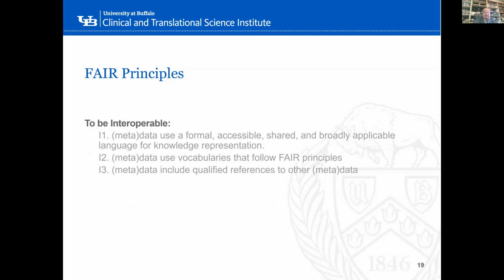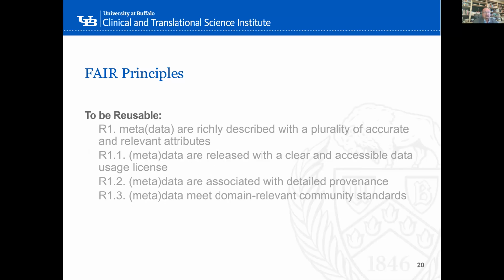To be interoperable, the data must use a formal, accessible, shared, and broadly applicable language for knowledge representation, such as ontology. The metadata use vocabularies that follow the FAIR data principles. The data include qualified references to other metadata when that's applicable. And then the R is reusable.